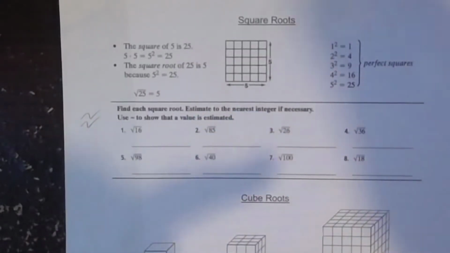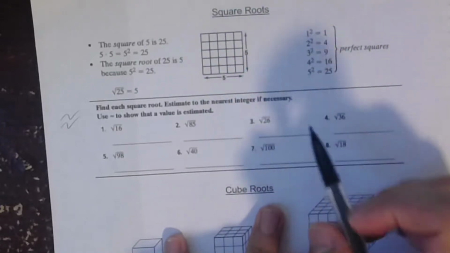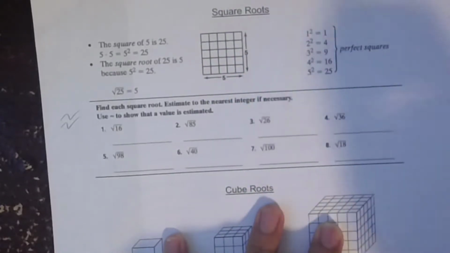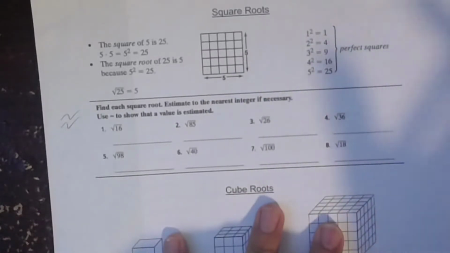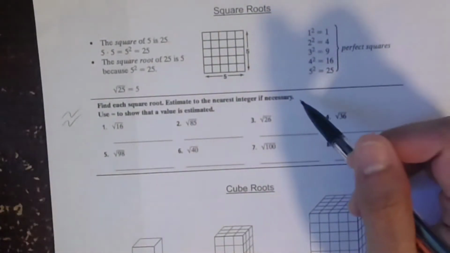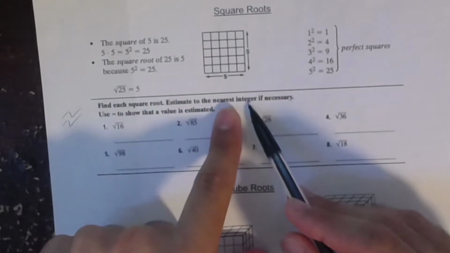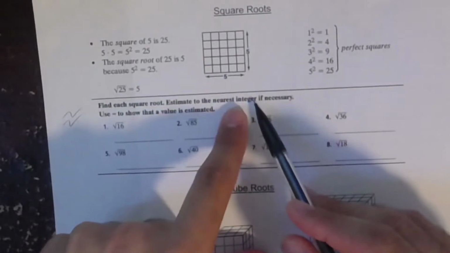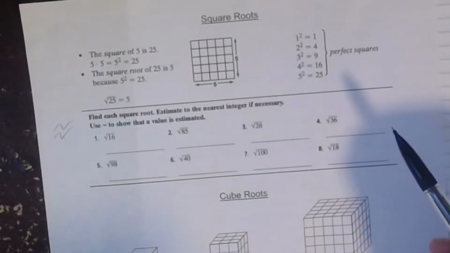Integer means it could be negative or positive, or actually it should say the nearest whole number or natural number if we're going above 1, because I don't think we're going to be doing the square root of 0, and the square root of 0 is just 0. It should say "not integer" because you should not be able to get a negative number in between unless you're going imaginary.